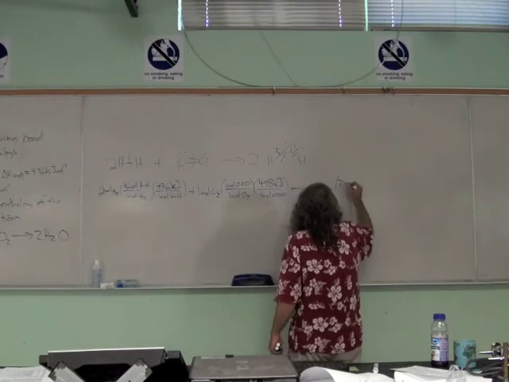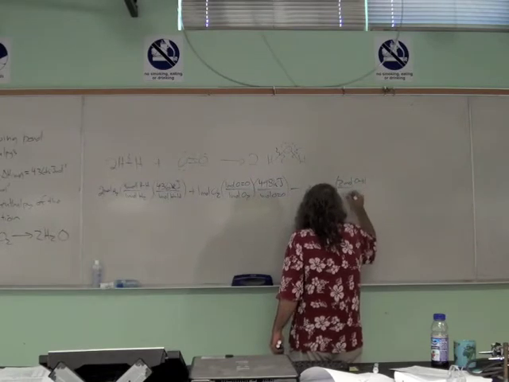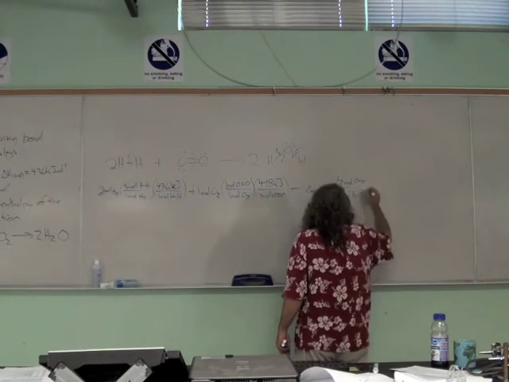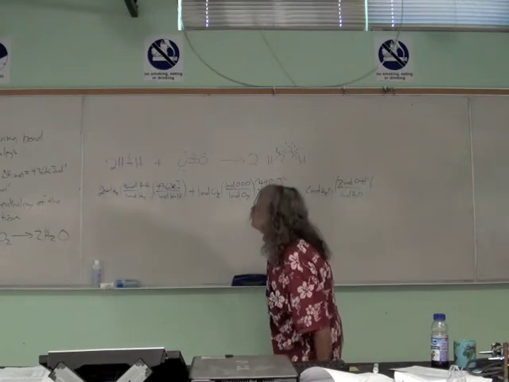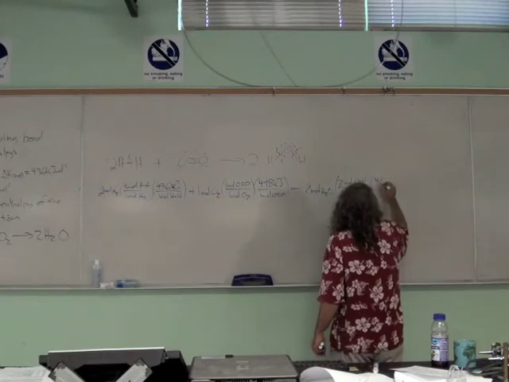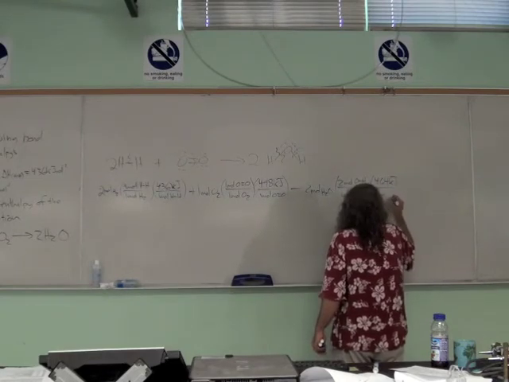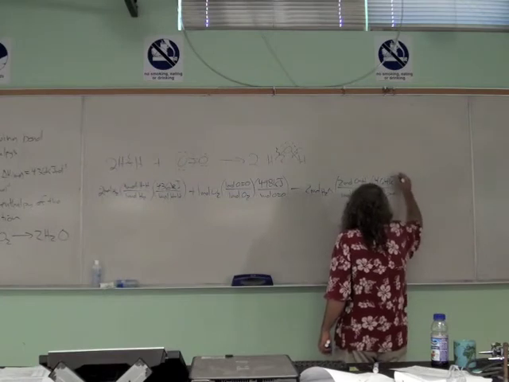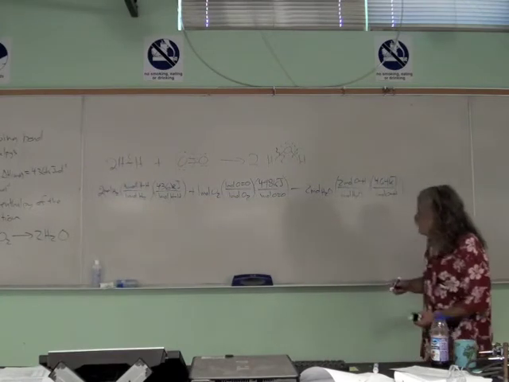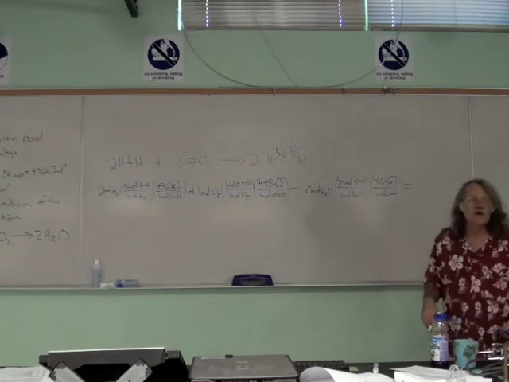There are 2 moles of OH for every 1 mole of H2O, and that's the 464, 464 kilojoules for every 1 mole of OH. At this point, I've set it up nicely. Now I can do the calculation.